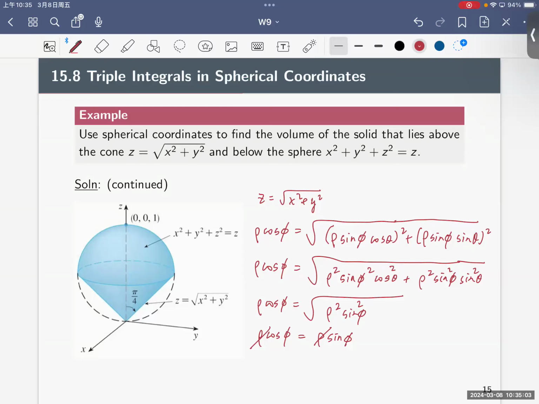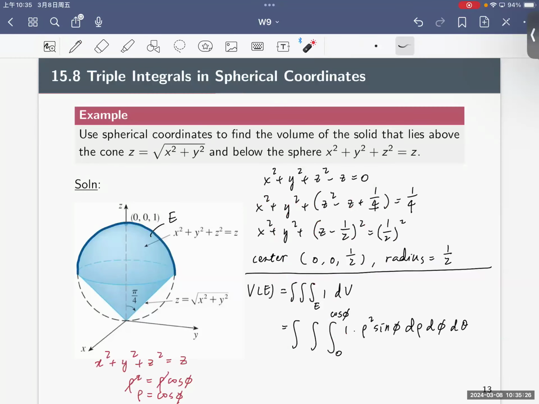So what angle of phi will give me the same cosine and sine value? It is pi over 4. So phi will be pi over 4. That means the angle between the cone surface and the positive z-axis is pi over 4. This is how we get the pi over 4. So let's go back.